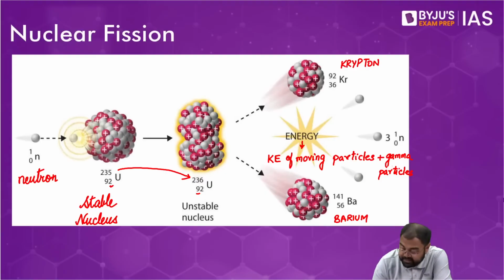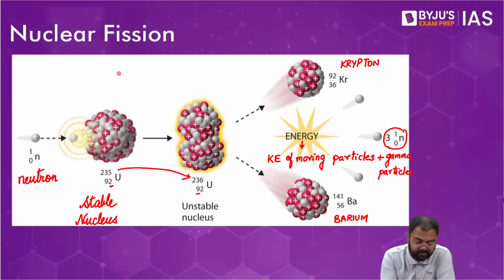And apart from that, there are three extra neutrons, as you can see here, which are still left. These three extra neutrons will go on and keep on bombarding more particles. So this is not going to stop here. Just do the simple mathematics.